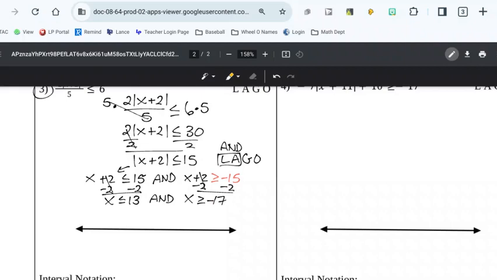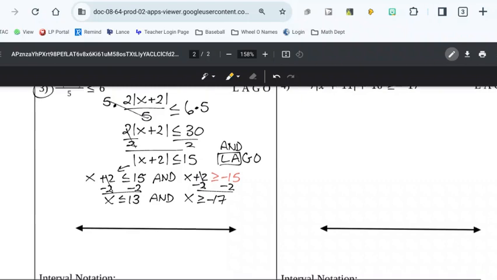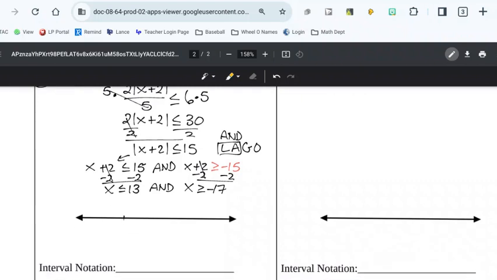Okay, now we're ready to graph. Negative 17 goes on the left, 13 goes on the right. They are closed circles. And it's an and problem, so we're shading to the middle.